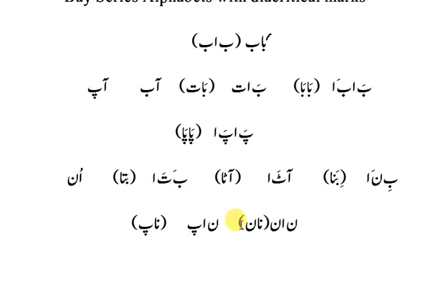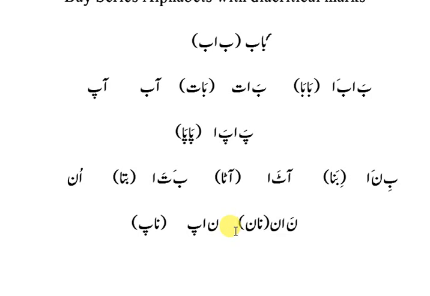Okay, the next word. I'm going to put diacritical marks on these ones. On Noon, it's a zabar sign. There's only zabar sign in this word. The alphabets are Noon, Alif and Noon.